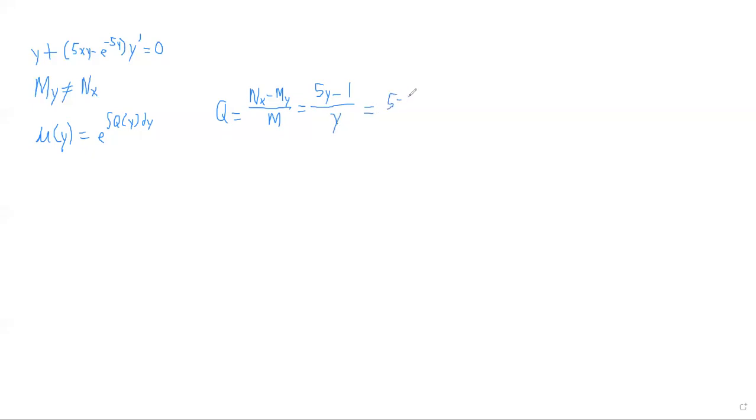So it works because we don't have any variables related to x. So mu is thus, applying this equation in, e to the power of the integral of 5 minus 1 over y dy.